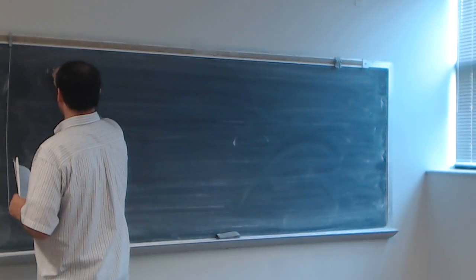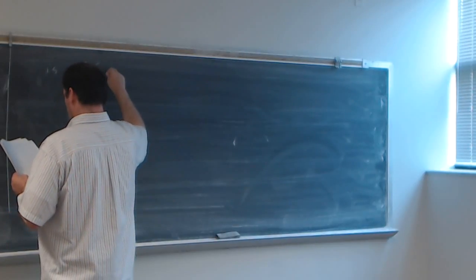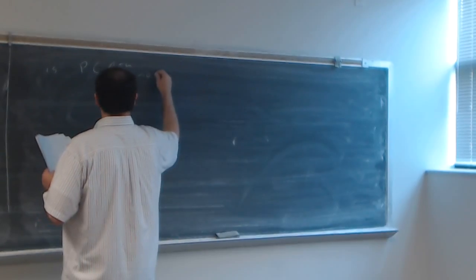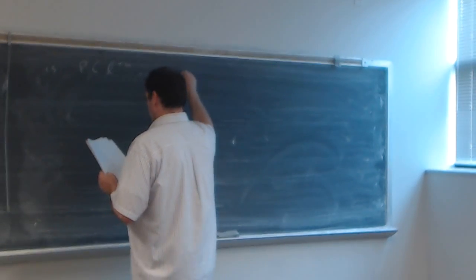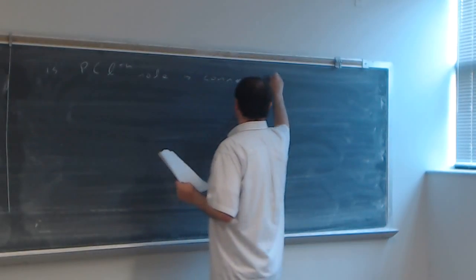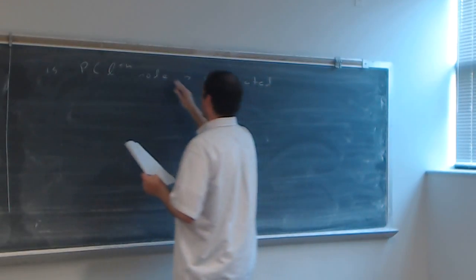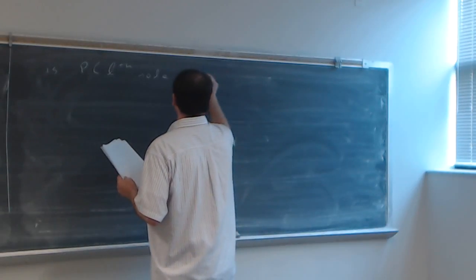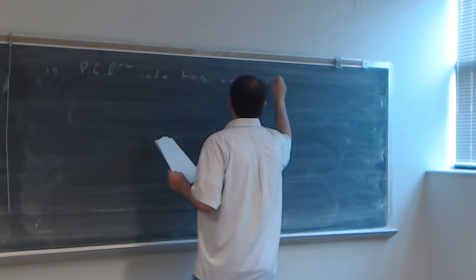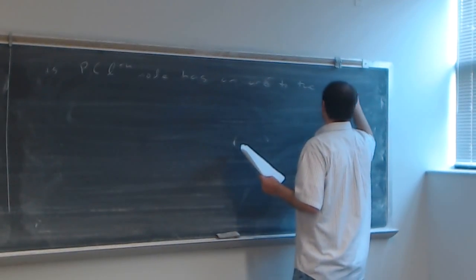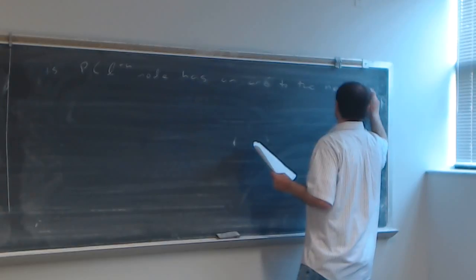So is the probability that the Lth node has an arc to the new 0 node.